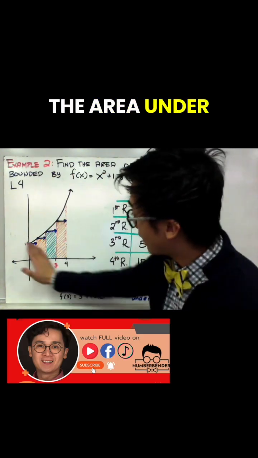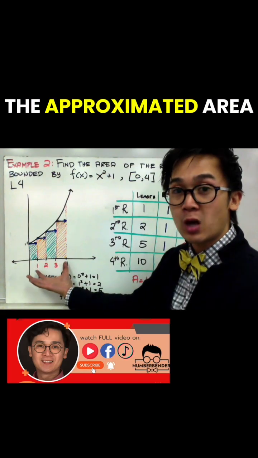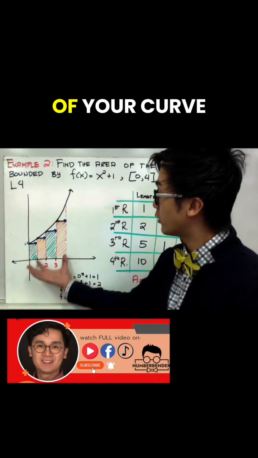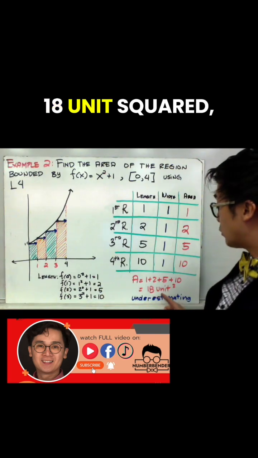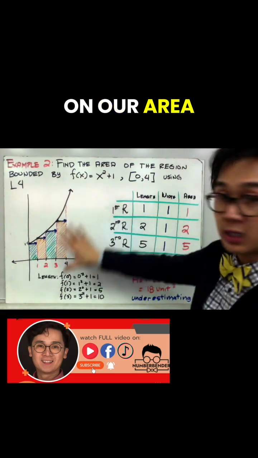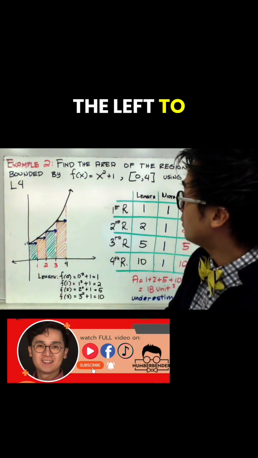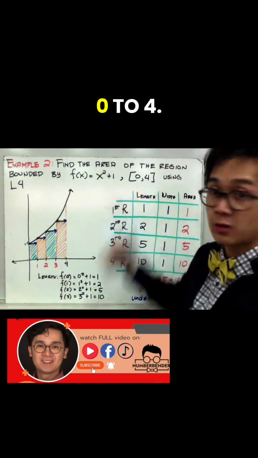Now to find the area under the curve, just add the 4 areas of your rectangles and you'll have the approximated area of your curve using the Riemann sums method. So we have 18 square units, which is an underestimate of the area under the curve. And this is the left to right method for the function x squared plus 1 on the interval 0 to 4.